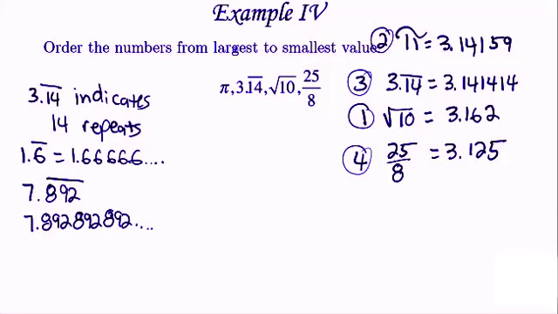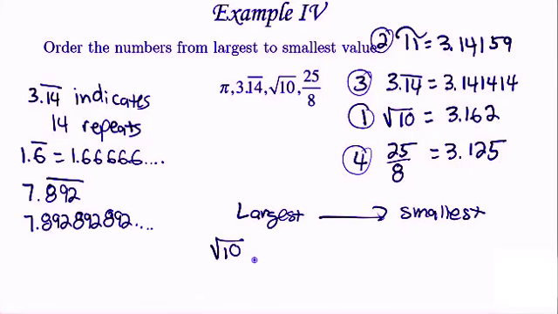Now, I go back to what they asked me. They asked me to order the numbers from largest to smallest. Therefore, from largest to smallest, my largest number is going to be the square root of 10. Then I'm going to go to pi. After that, it's 3.14 repeating.